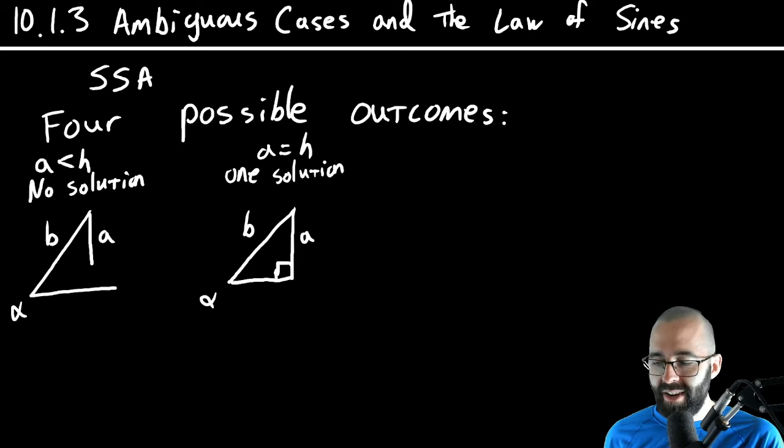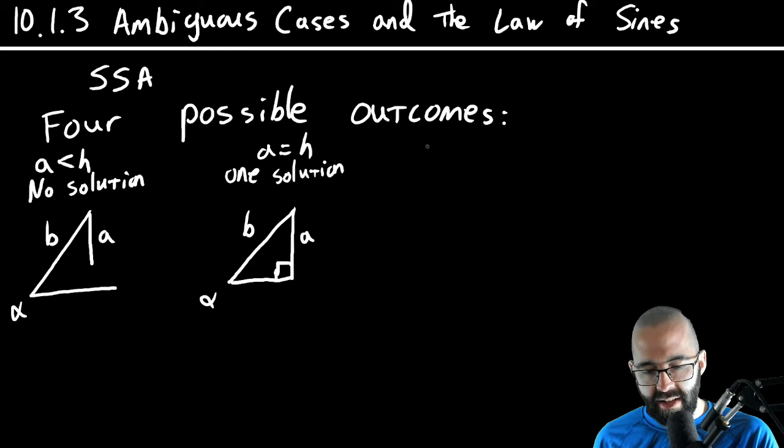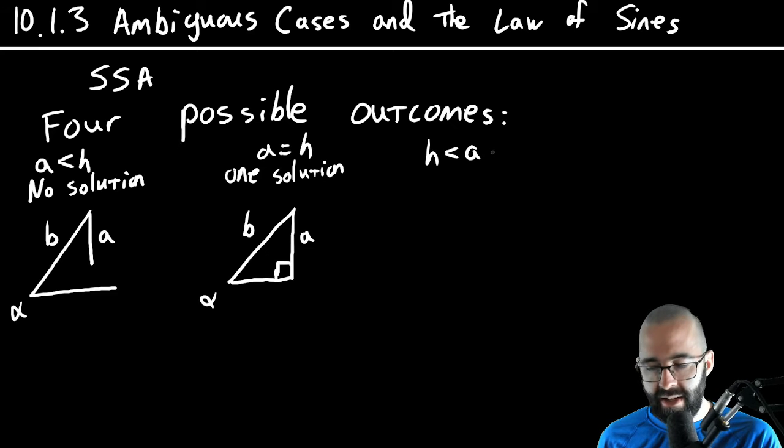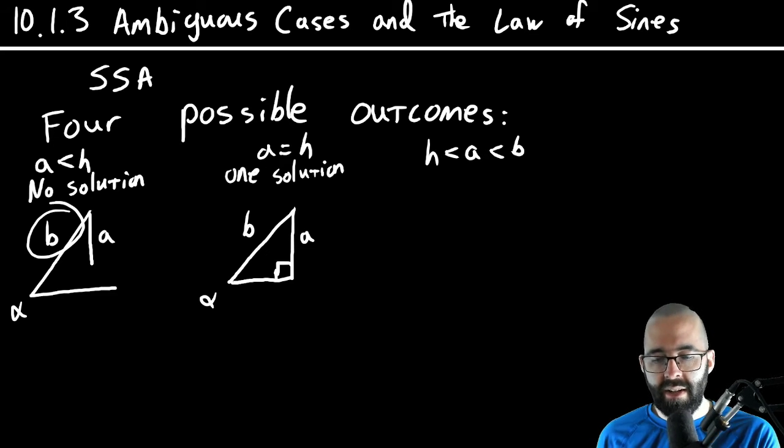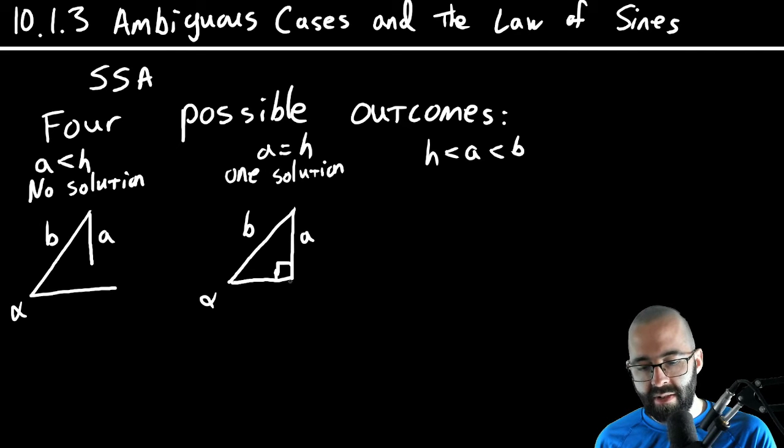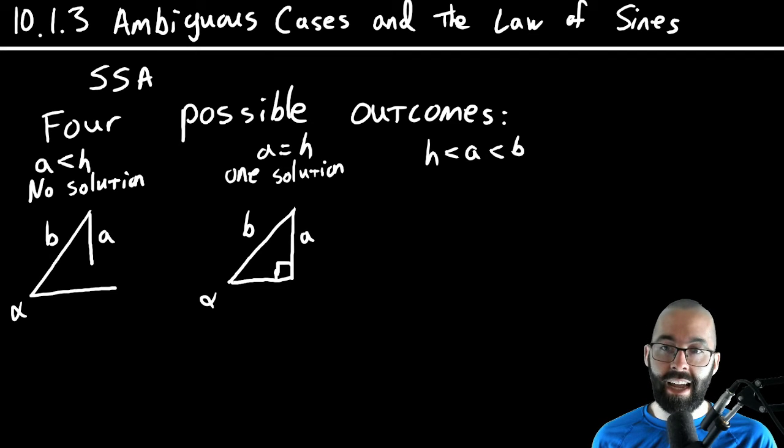So what if A is bigger? Well, if A is bigger than H, but still smaller than B, remember this is B, so A is big enough. A is longer than this. A is actually like this long now. That's the real bizarre case.